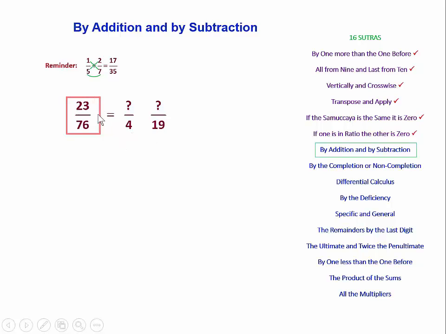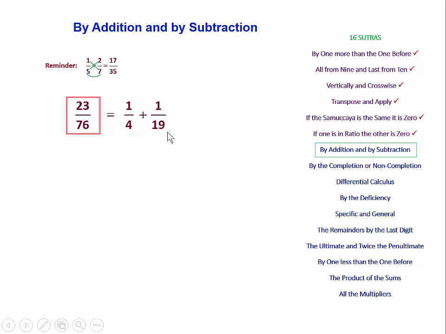Can we make the numerator 23 out of suitable additions or subtractions of these crosswise products? And in this case it's very easy because 4 and 19 is 23. So if we were to put 1s there, we would get 19 and 4 is 23 over 76. So this is the same as that.